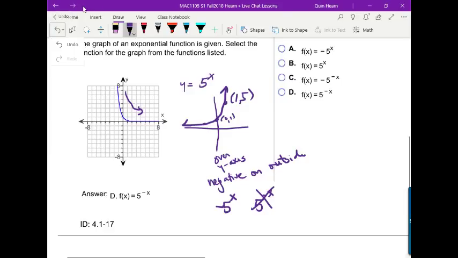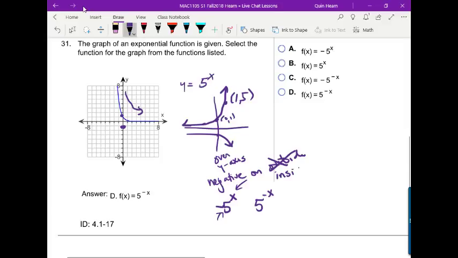Which one would flip over the x-axis and which one will flip over the y-axis? So this one we have a negative on the outside. A negative on the outside affects the y values. So if you were to negate a positive y value, it would flip it down. So actually we would expect to have something that looked like this. So that's not what we want.